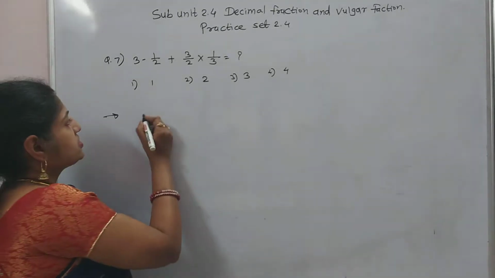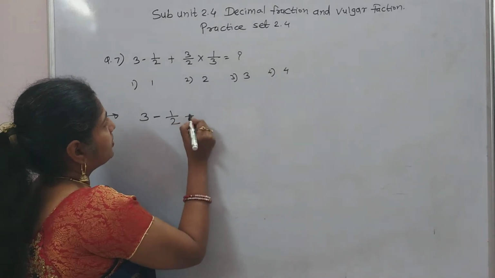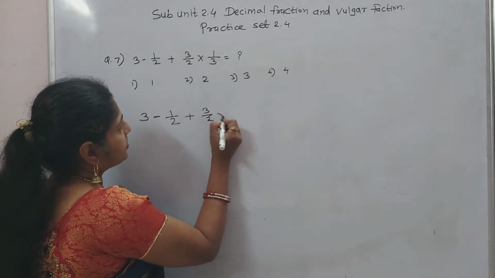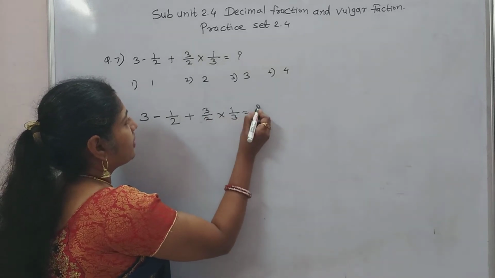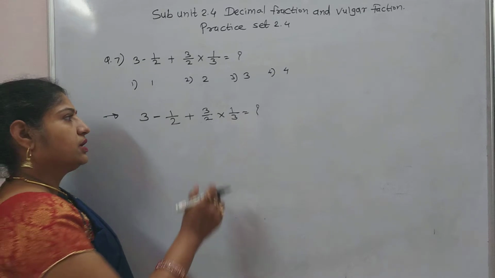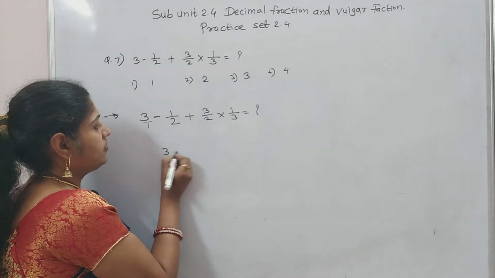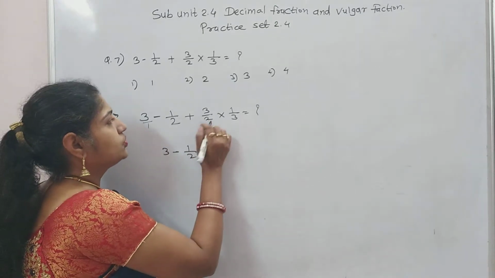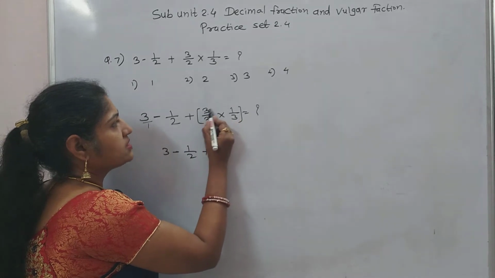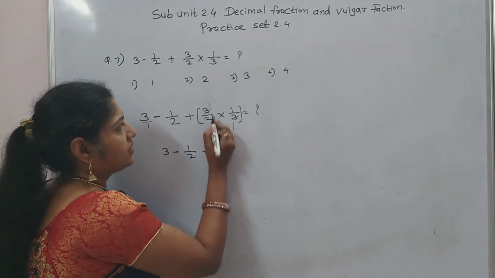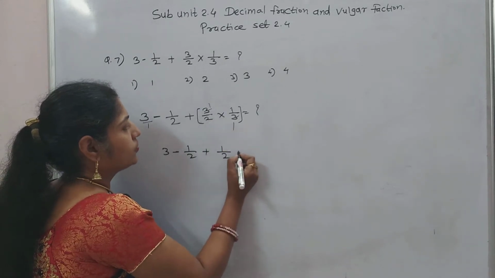Next question. First, the addition or subtraction of two fractions plus multiplication of two fractions. 3 upon 2 into 1 upon 3. By rule, first do the multiplication. 3 minus 1 half plus, first do this multiplication. 3 ones are 3, 3 ones are 3. 1 into 1, 1. 2 into 1, 2.